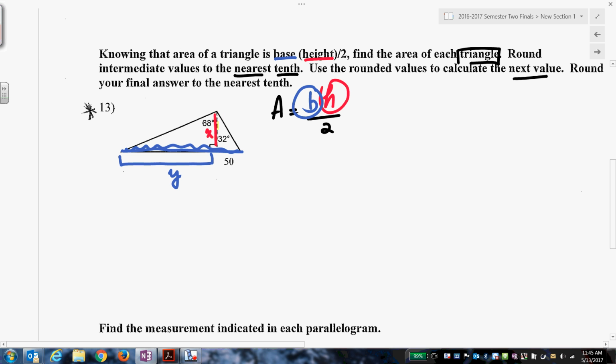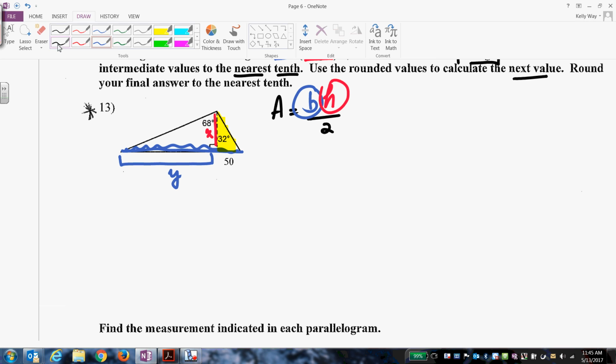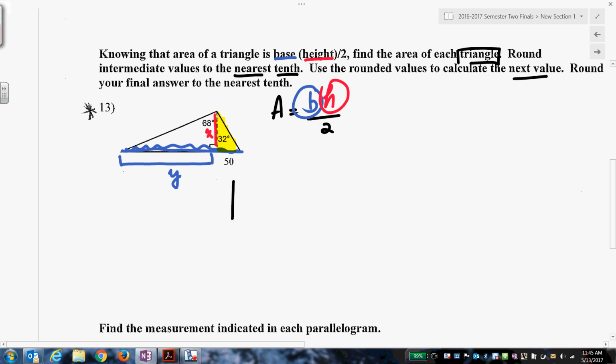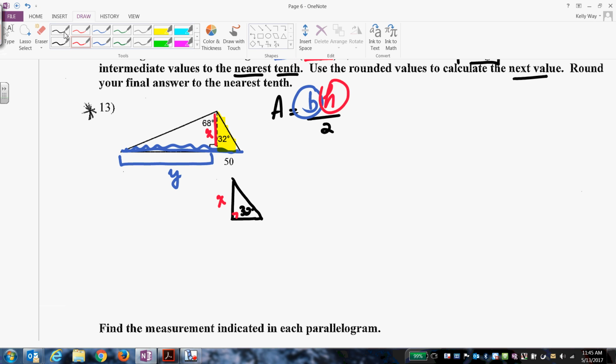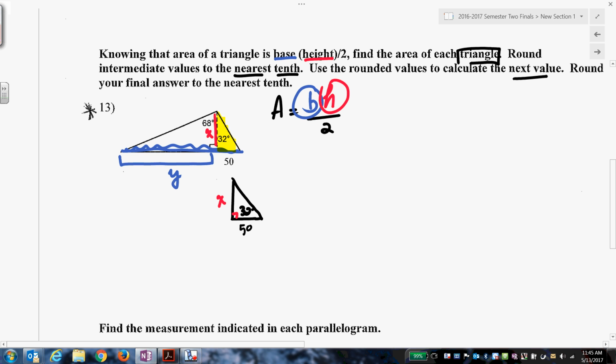Let's work with this triangle with the x. Why am I starting with that one? Because that's where the 50 is. That's 32 degrees. And we solve for our x. And we have a 50 there.